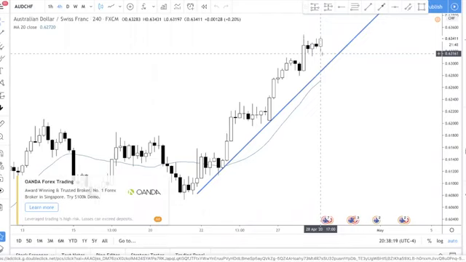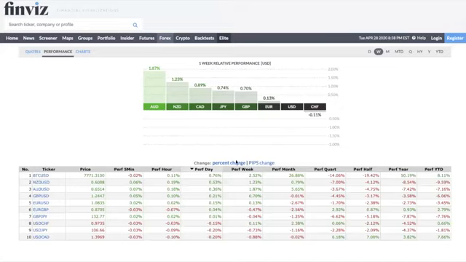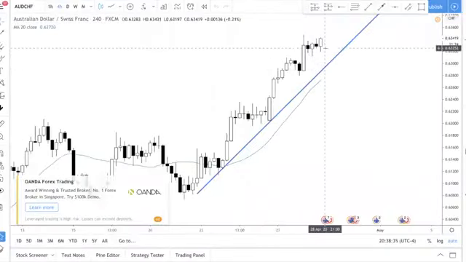This is not how you use it. You want to use this to plan, to tell you which currency pair you should focus on, analyze, go deeper in, and look for opportunities in.